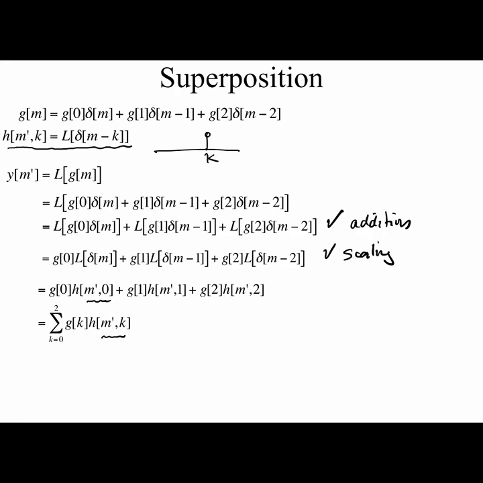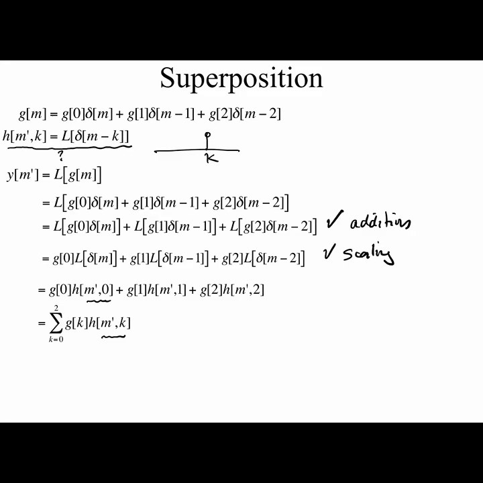Question: what is the purpose or benefit of changing the notation of L of delta of m minus k to h of m prime, k? Oh, okay. Why do we do this step here? The purpose is that the way we characterize systems is we actually measure their impulse responses. So h is what we actually measure.